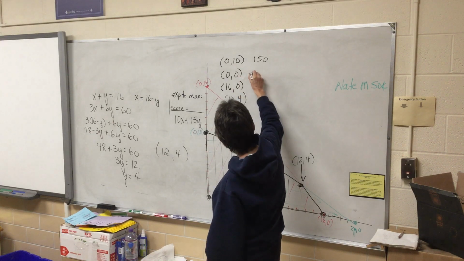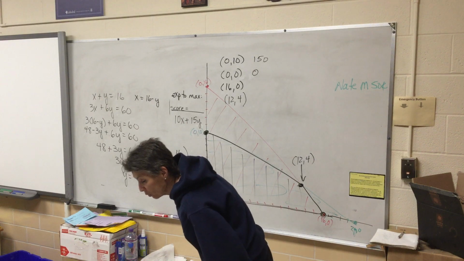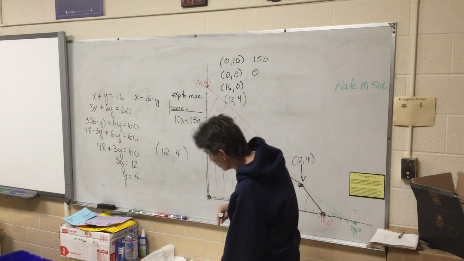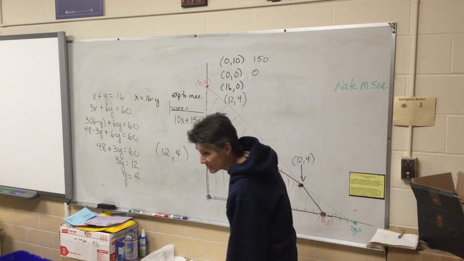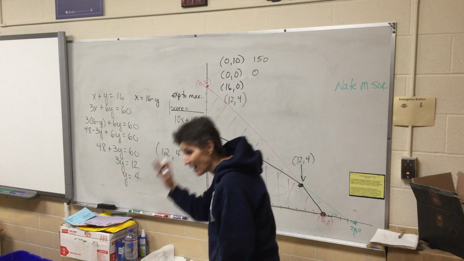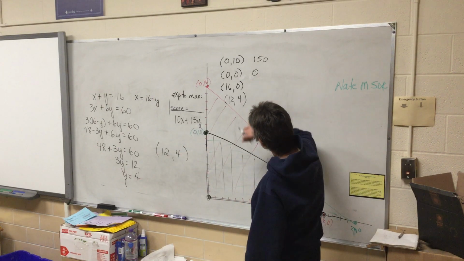Zero. Yep, you get a 0. That actually is your minimum score, because in our problem, we're looking for the highest score, but sometimes we want the lowest value, and your corners will always give you both the high point and the low point. All right? We don't want that, though. We don't want a score of 0.